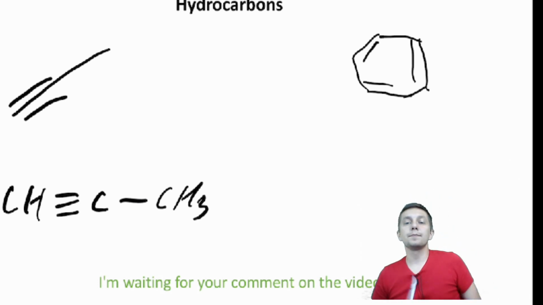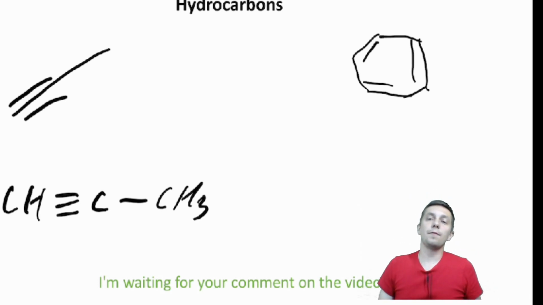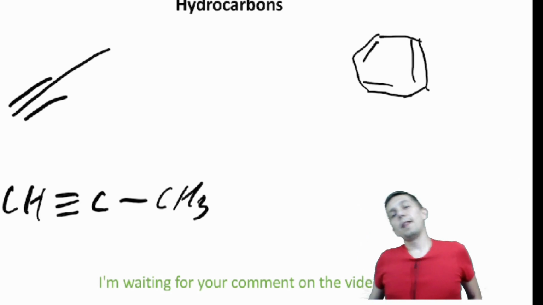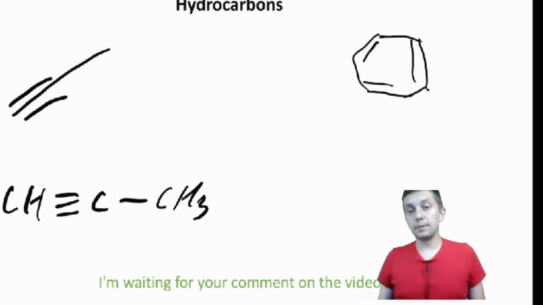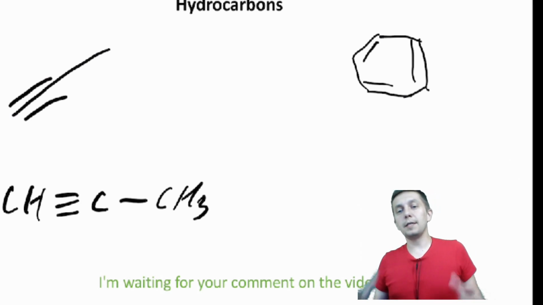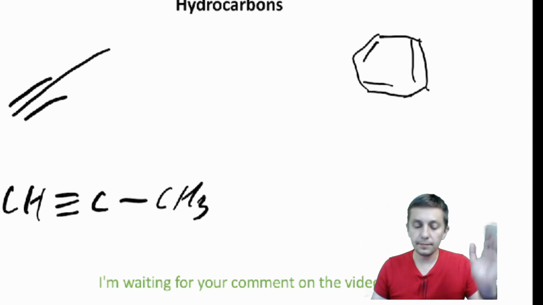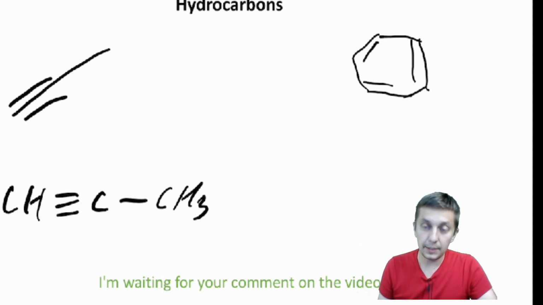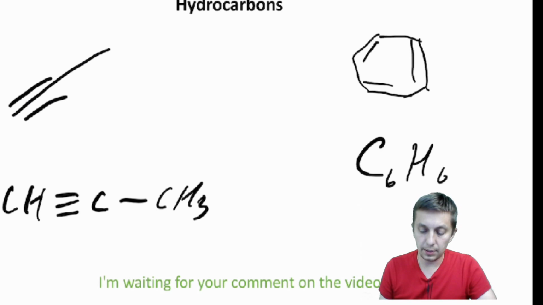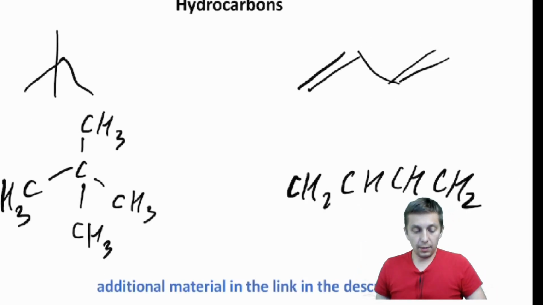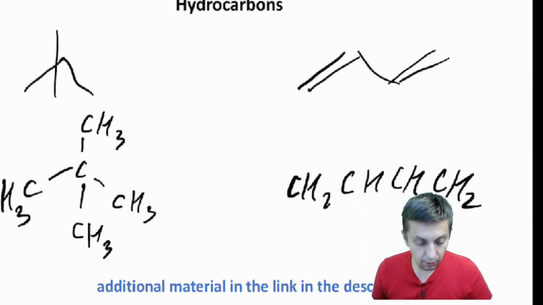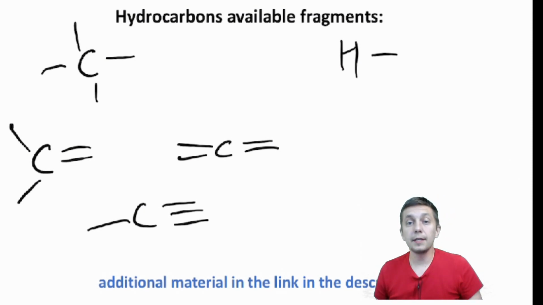And a special case: if we have three, in most cases three but not always, but if you have many conjugated double bonds, we have compounds which we name aromatics. It's C6H6, it's benzene. And all these fragments consist of only carbons and hydrogens.